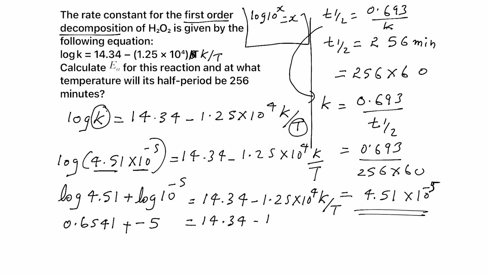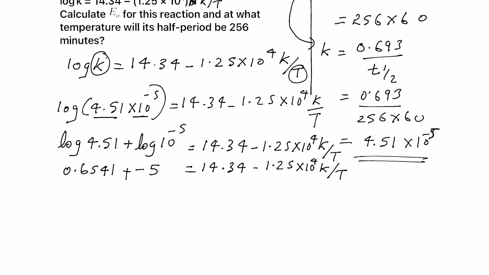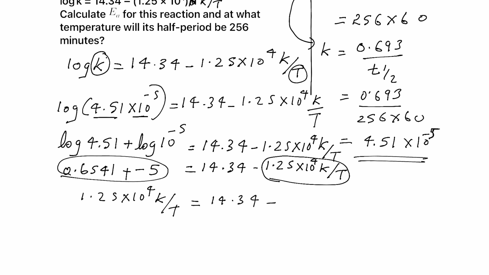Okay, so 0.6541 minus 5 is equal to 14.34 minus 1.25 into 10 raised to 4 Kelvin by temperature. Okay, you can simplify like this: I take this whole part, 1.25 into 10 raised to 4 Kelvin by temperature, to the LHS, and that is equal to 14.34 minus, since I'm taking this whole part to the RHS, 0.6541 plus 5.